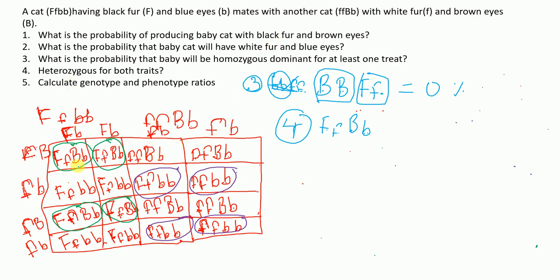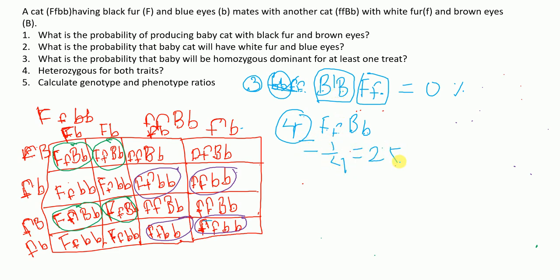I have 1, 2, 3, 4. I think I only have 4. So I have 4 out of 16 chances, which means the probability is 1/4.